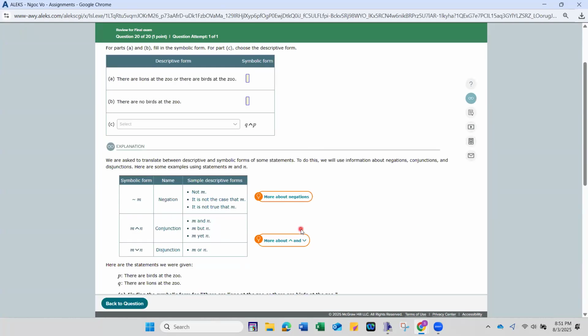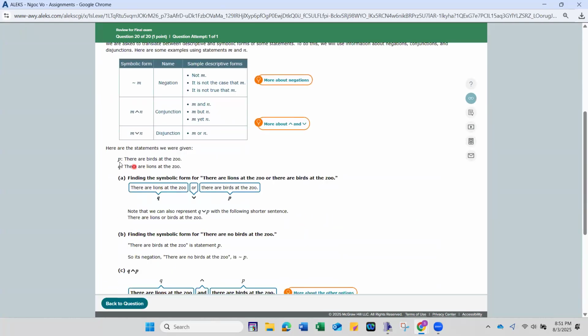Now the first question here is, as you notice, the statement P is there are birds at the zoo. The statement Q represents there are lions at the zoo.